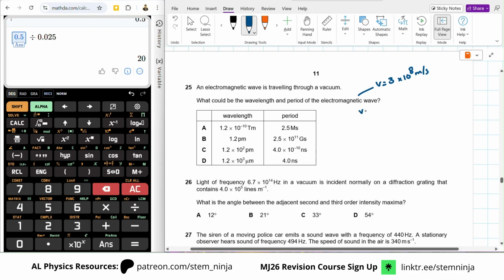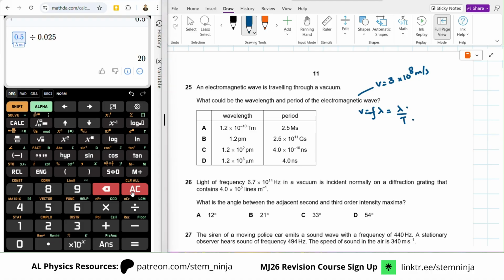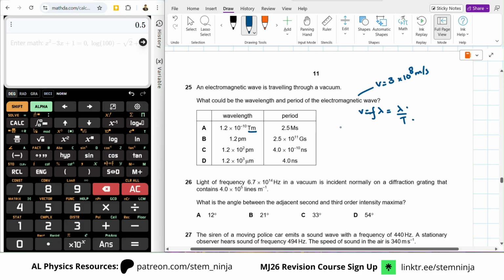We also know that v is equal to f lambda, but f can be represented in terms of time period, so lambda over T. So the ratio of lambda over T should be 3. So tera is 10 raised to power 12, mega is 10 raised to power 6, giga is 10 raised to power 9, pico is 10 raised to power minus 12, and nano is 10 raised to power minus 9.